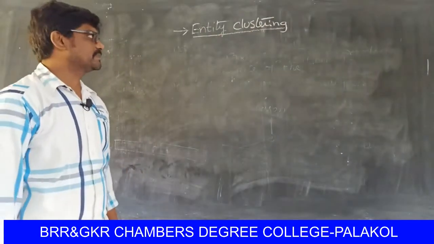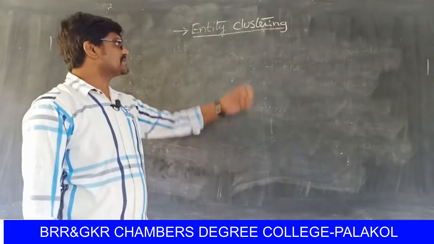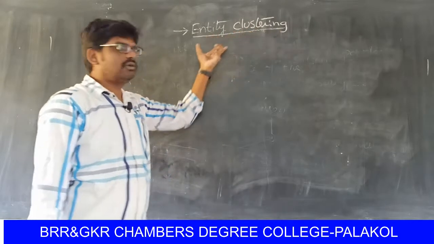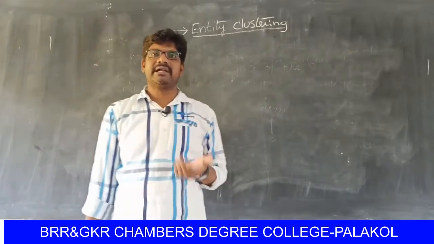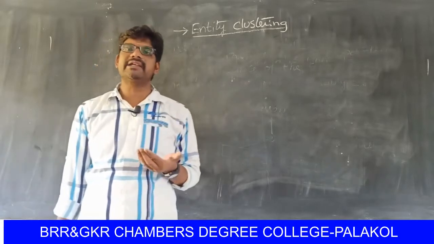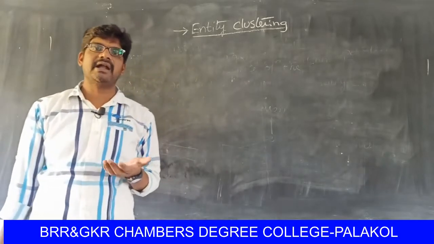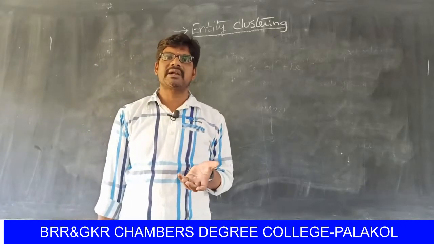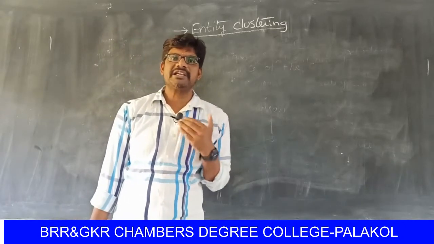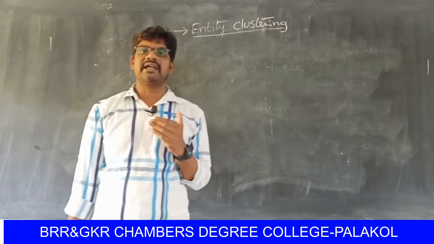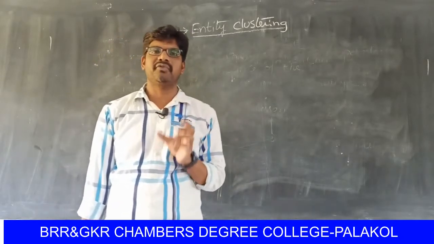Entity cluster. So what does clustering mean? Combining. When we design the database, a number of entities participate and a number of relationships exist. Initially the data model's entity relationship diagram contains only a few entities.